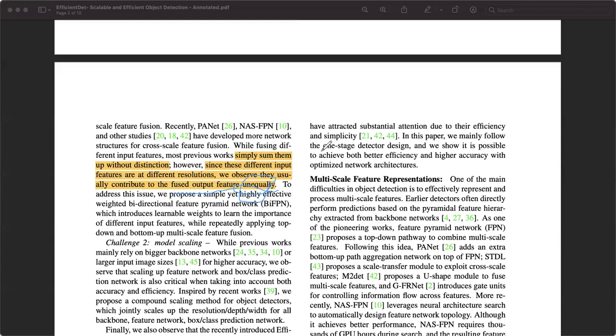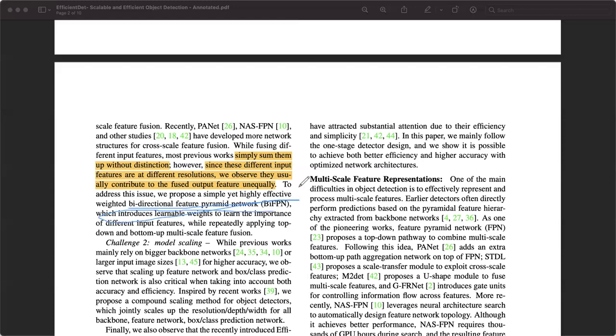That's why they propose learnable weights, so the network can learn to reweight and learn the importance of each different input feature, which makes this network different from previous ones.